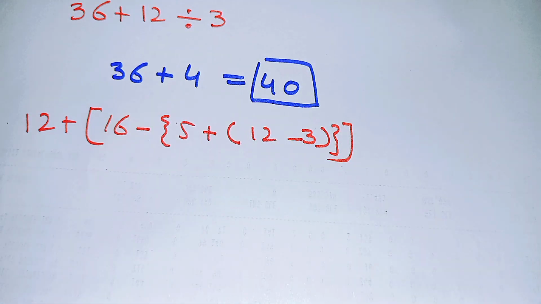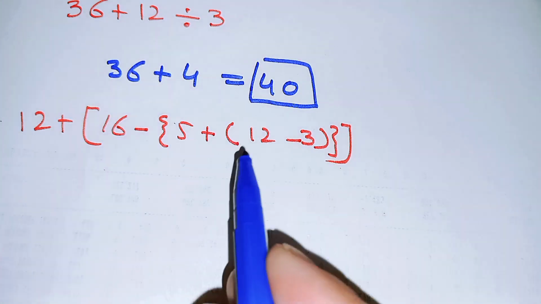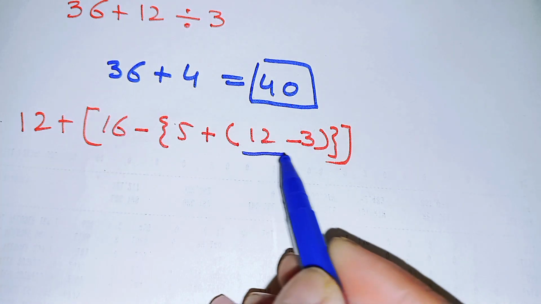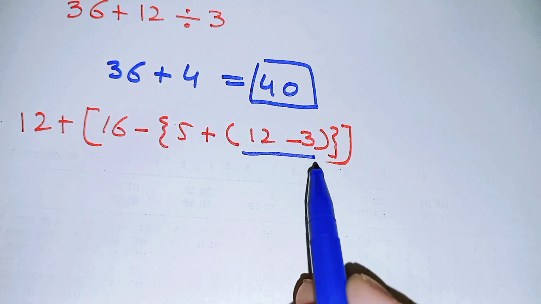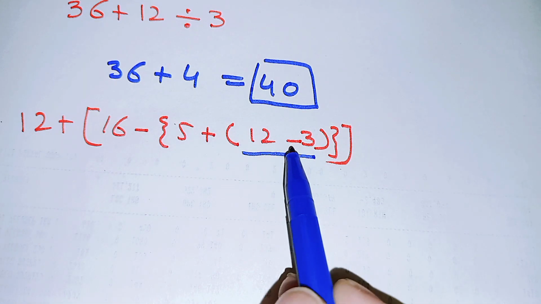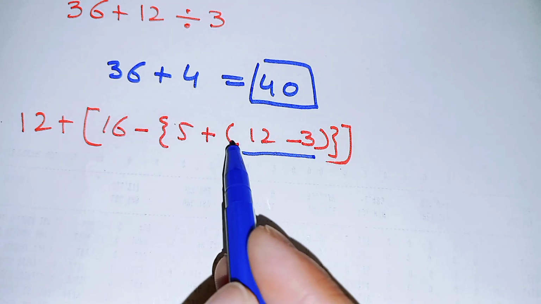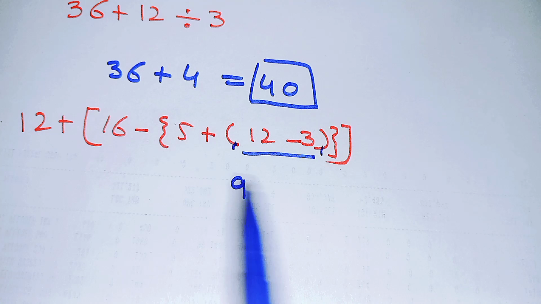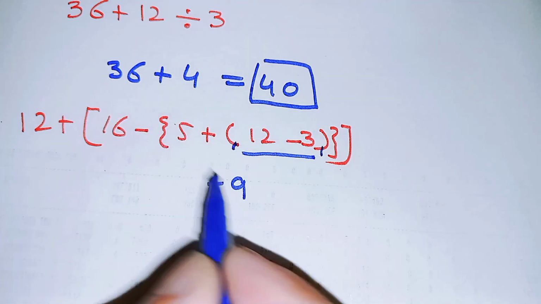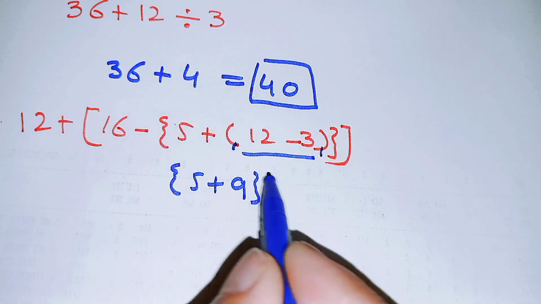First of all we solve the brackets, and the first one is the small bracket, so we use this bracket and solve it. 12 minus 3 is equal to 9, and then this small bracket is closed, so this is plus 5, and then here is a curly bracket.